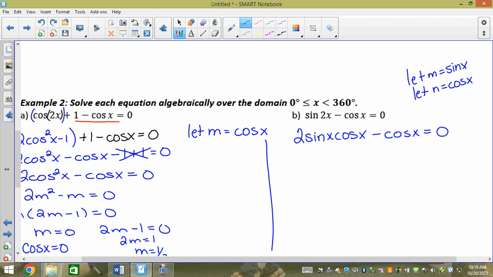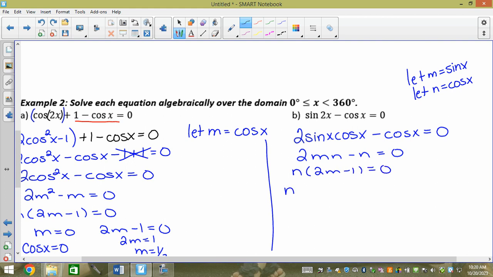So I can go 2mn minus n equals 0. What can I take out? An n. Could I have just taken a cos x out and not converted these to any letters? Absolutely. Whatever you're comfortable with. But make sure if you are converting it to letters, you have let statements. You have to have let statements. So I take an n out. I'm left with 2m minus 1 equals 0.